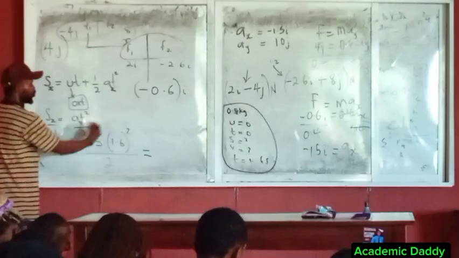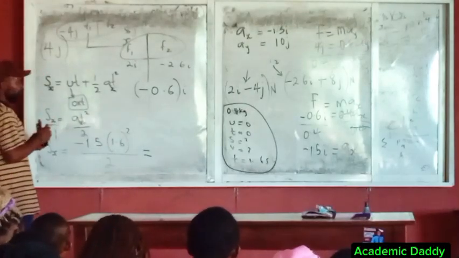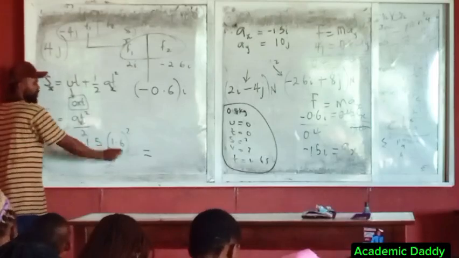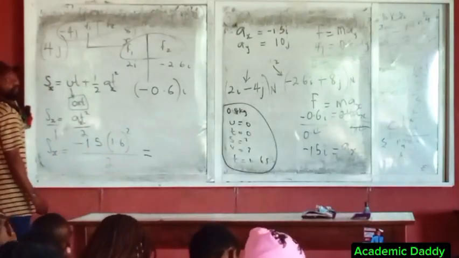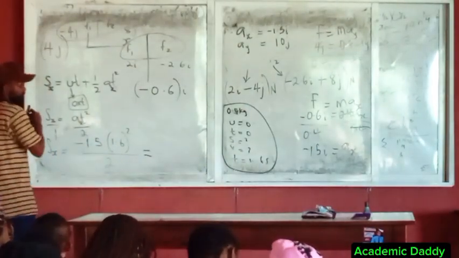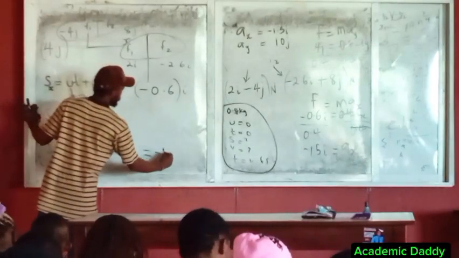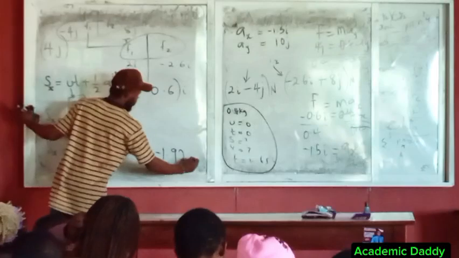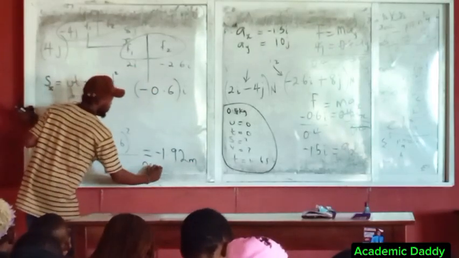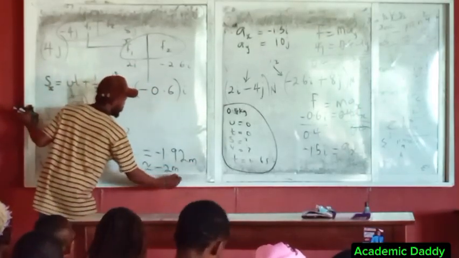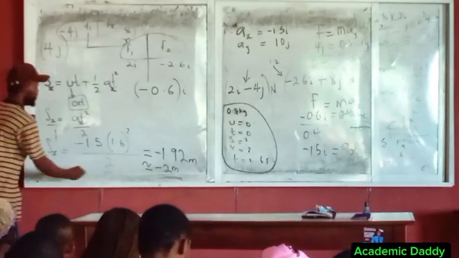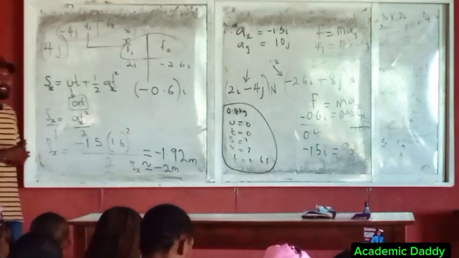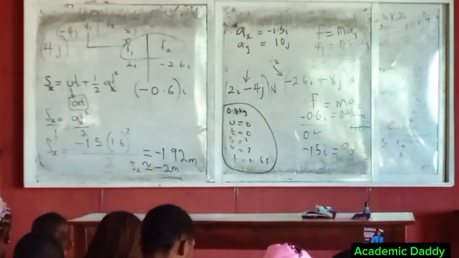So do for me 1.6 squared first, times it with minus 1.5, divide by 2. What do you have? Minus 1.92, in meters. So this is approximately minus 2 meters on the x-axis. So the displacement, or position, at the x-axis is minus 2 meters.